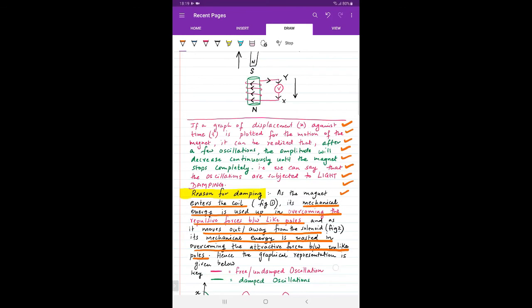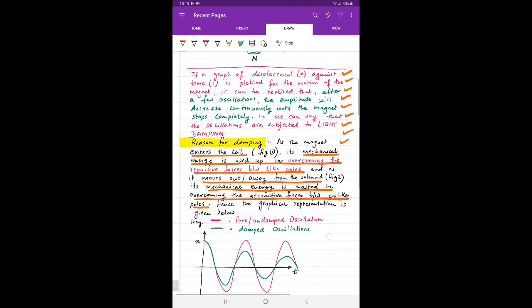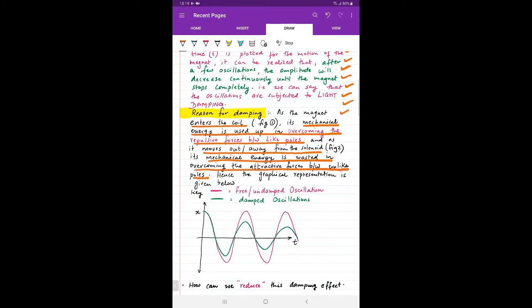So I have drawn a displacement against time graph below. The vertical axis represents displacement. The horizontal axis represents time. Now I have constructed two graphs.